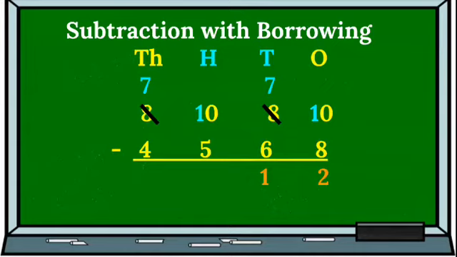So we can now work with 10 hundreds, take away 5 hundreds, which will give us a difference of 5. Now with thousands, our remainder of 7, take away 4, will give us a difference of 3. And we have completed our problem.